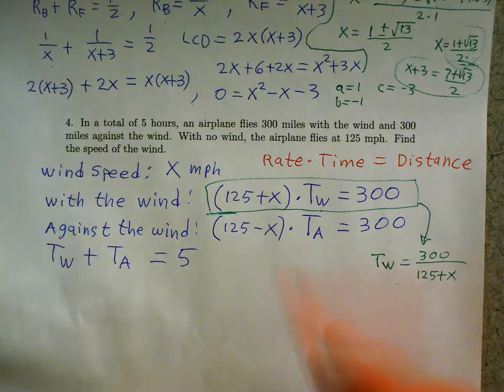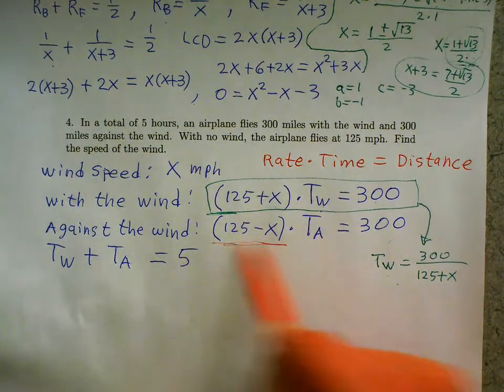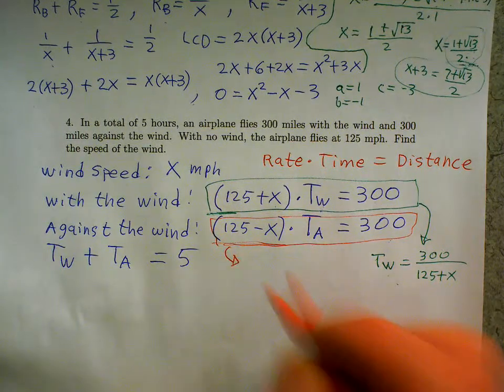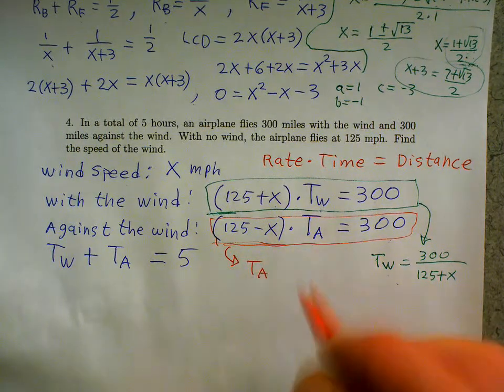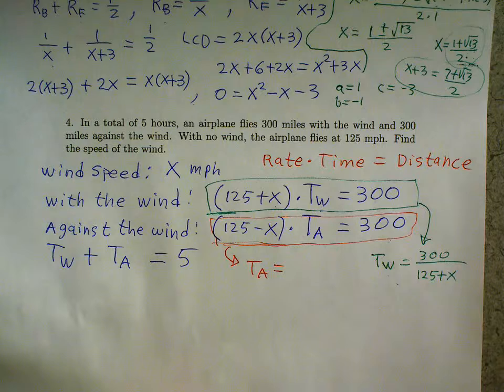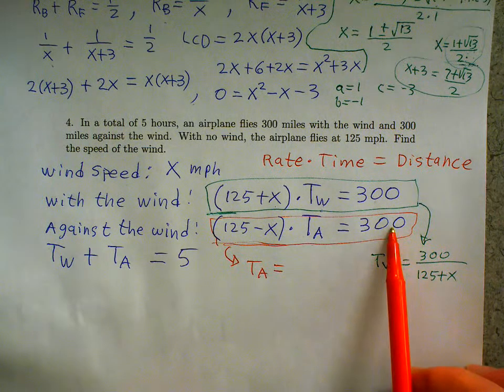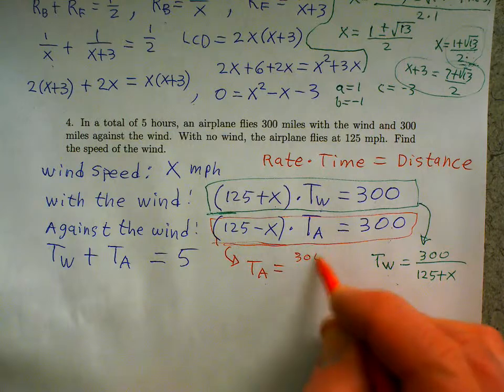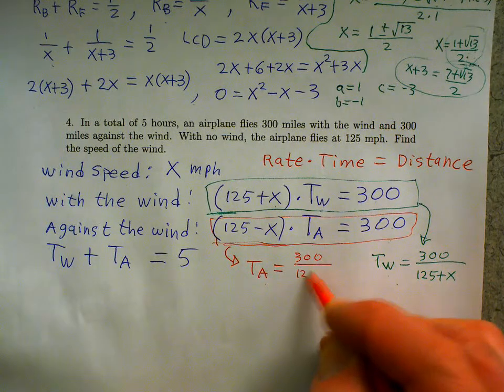And then solve the other equation for T sub A. T sub A is the amount of time it took to fly 300 miles against the wind. So T sub A is 300 divided by 125 minus x.